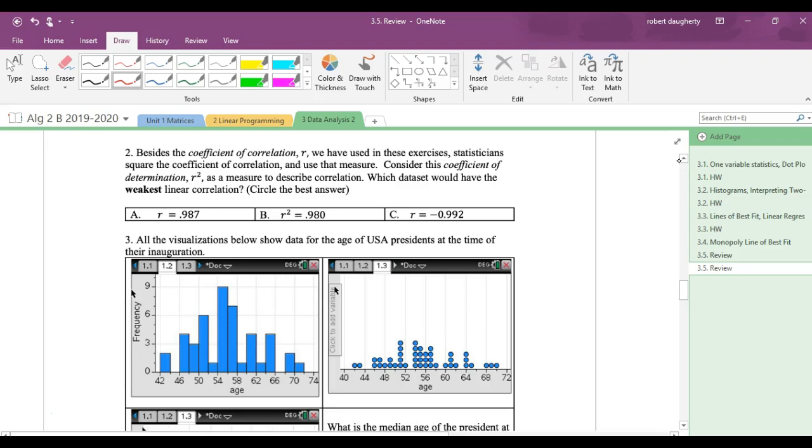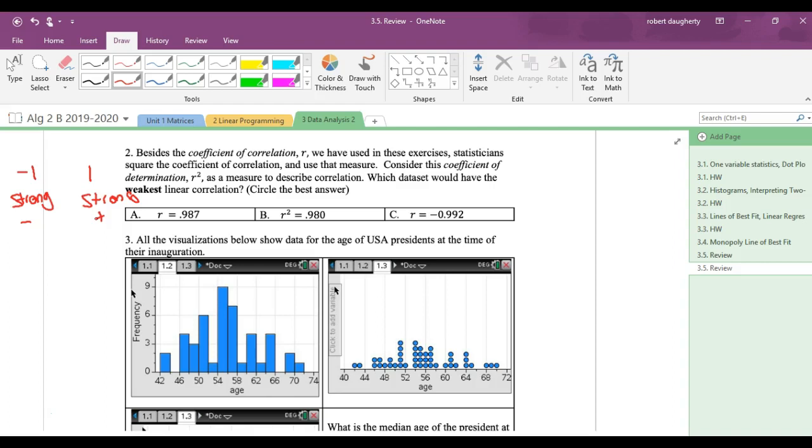Okay, so weakest linear correlation. So remember, correlation is a number between -1 and 1. When you get to -1, that's a strong negative, and 1 is a strong positive. So the weakest correlation means the number that is furthest from -1 or 1. 0 is the weakest number you can get for correlation. So I'm basically saying which of these numbers is furthest away from 1 or -1.